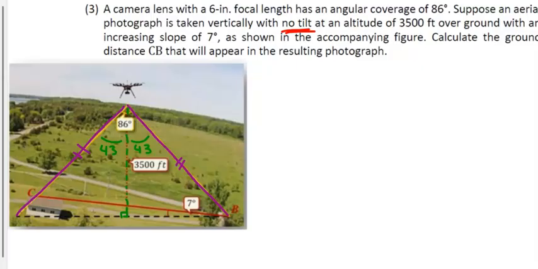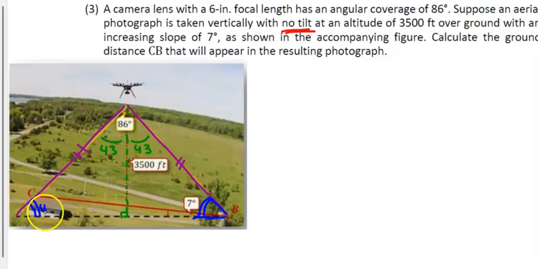So since the triangle is isosceles, the two base angles have to be the same. That would be the measurement of this angle here and this angle here, which does include the 7 degrees. Keep that in mind. So 180 degrees, take away the 86, which is 94 left, divide that by 2.